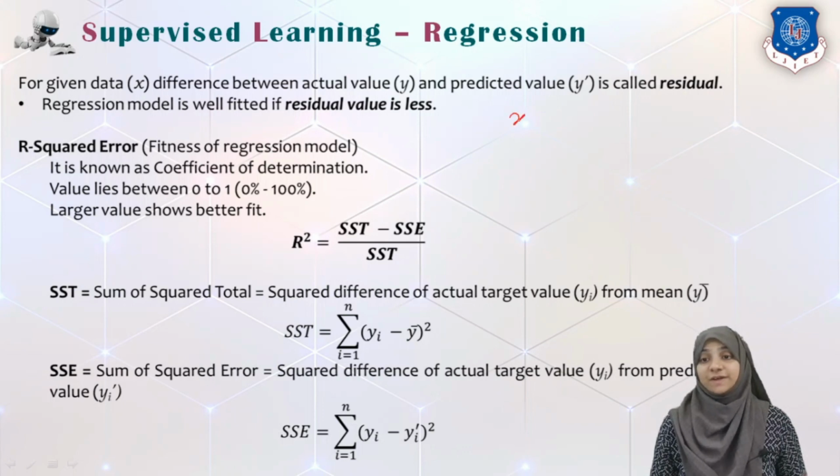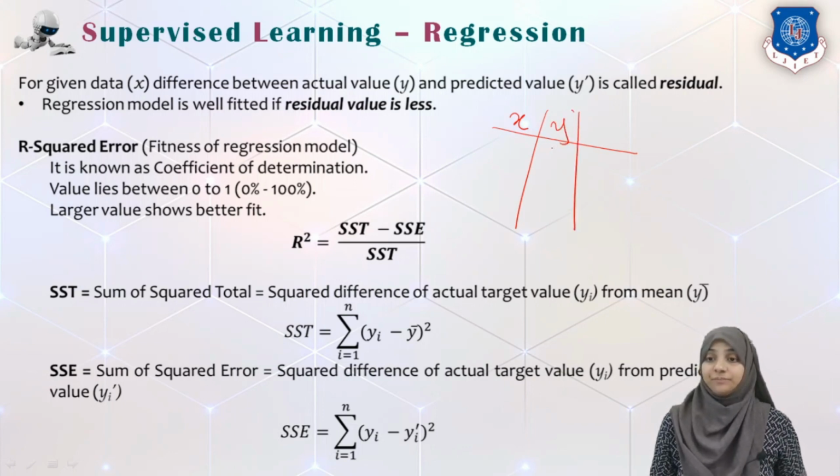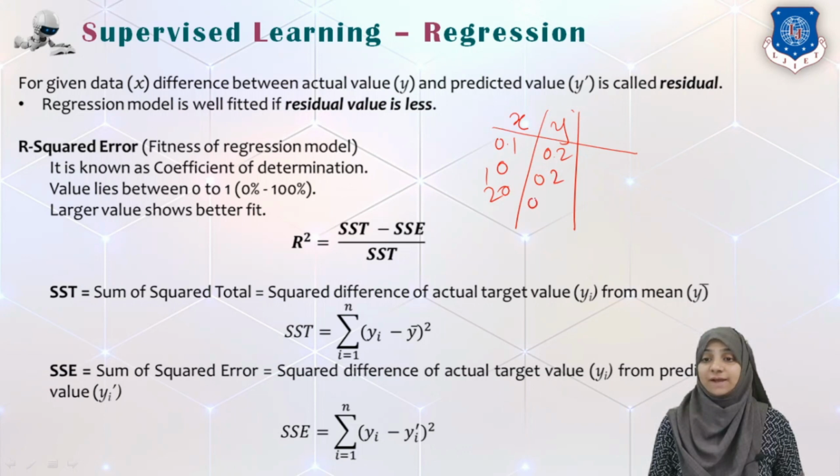Say for example, for some given data, there is an input variable x and a variable y, and for some value of x we have some value of y, and likewise we have different values of y. First of all, to calculate y bar, I will add all y values and divide by n. So if there are a total of n samples, I will add all values of y and divide by n. This will give me y bar.